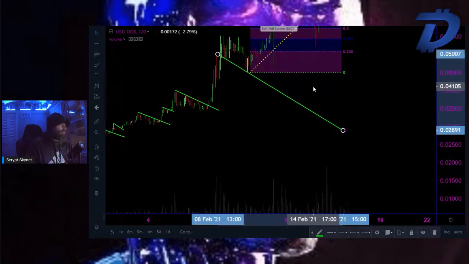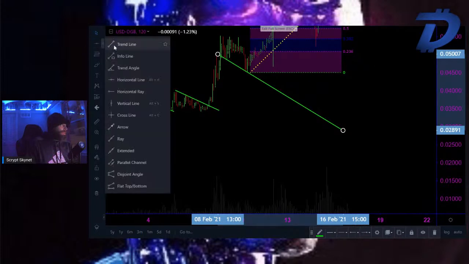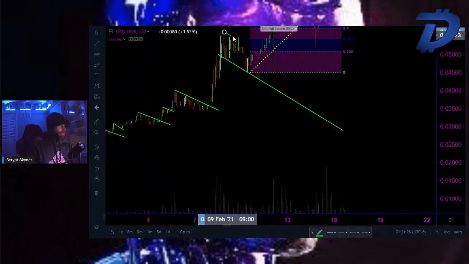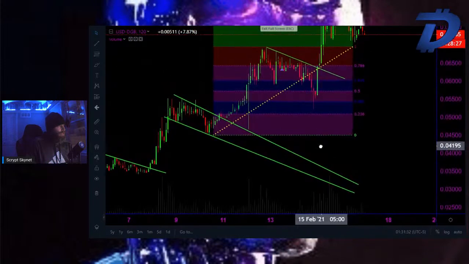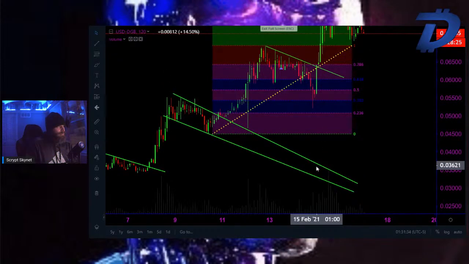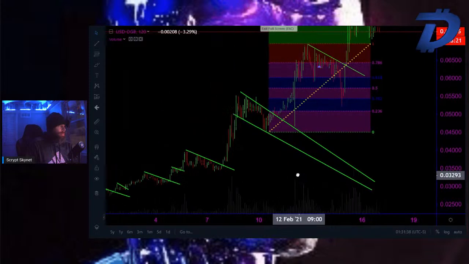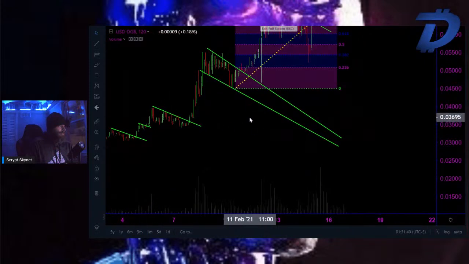This would have been a downwards range. I know, just hang in there. I know it sounds kind of silly, but that would have been where it would be falling. So basically, right here.